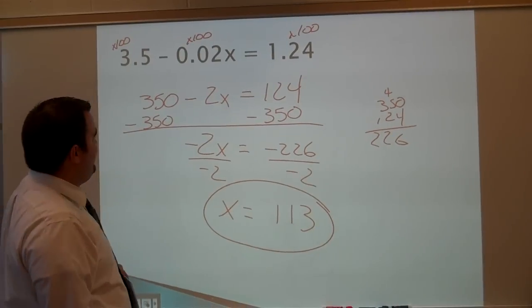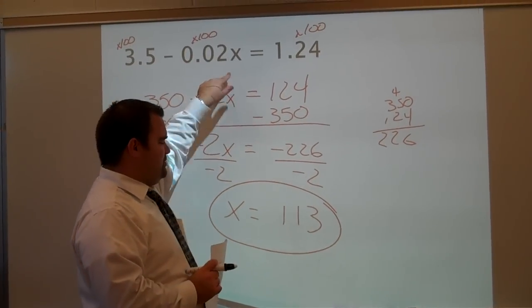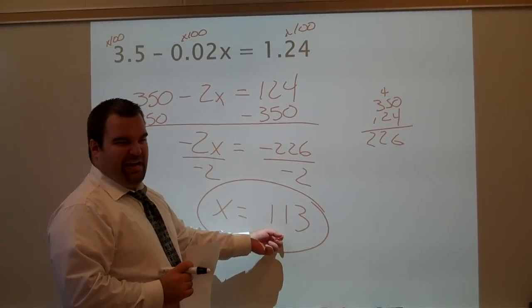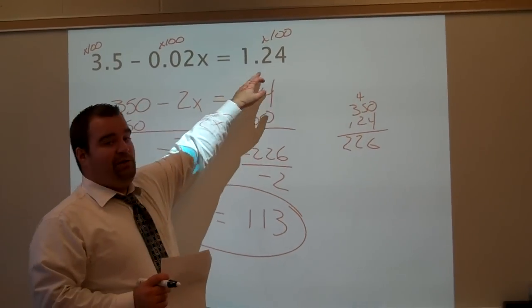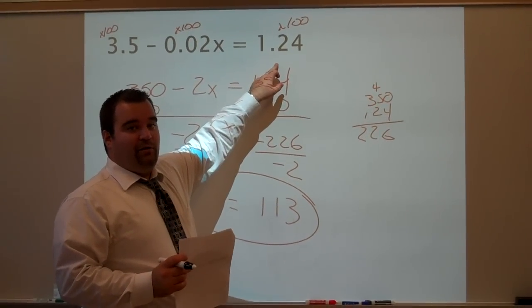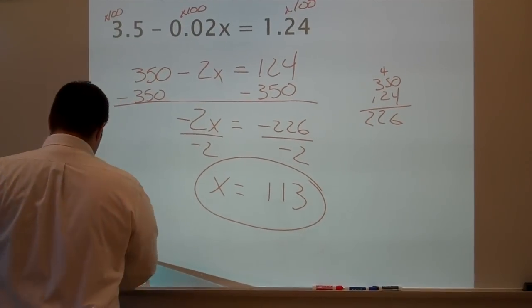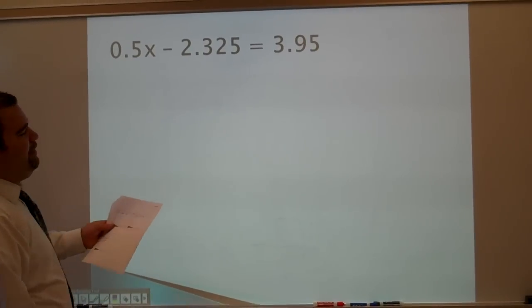And if I plug that back in, does it check? 3.5 minus, what's 0.02 times 113? I don't know. 3.5 minus that number, does it equal 1.24? Yeah, we'll go with yes. Hey, for homework. Oh, fooled you.